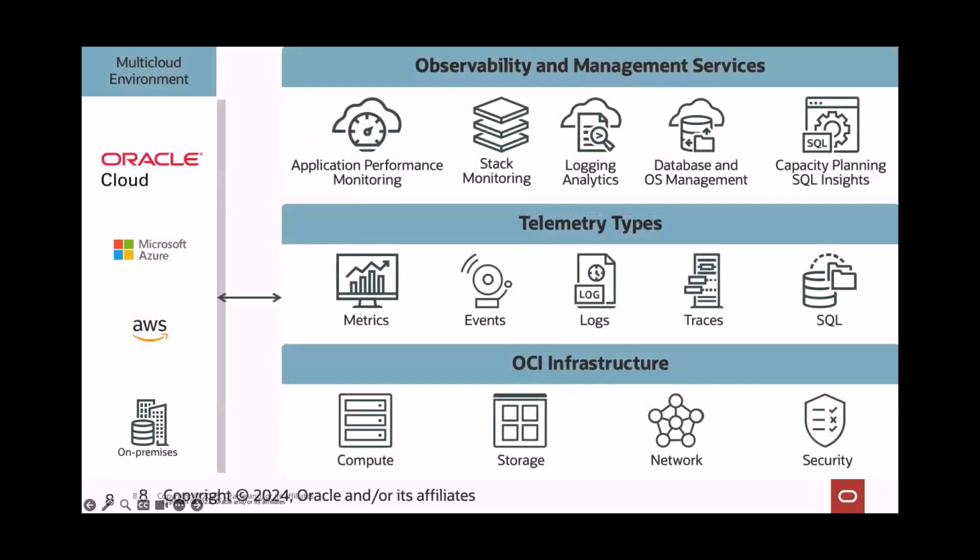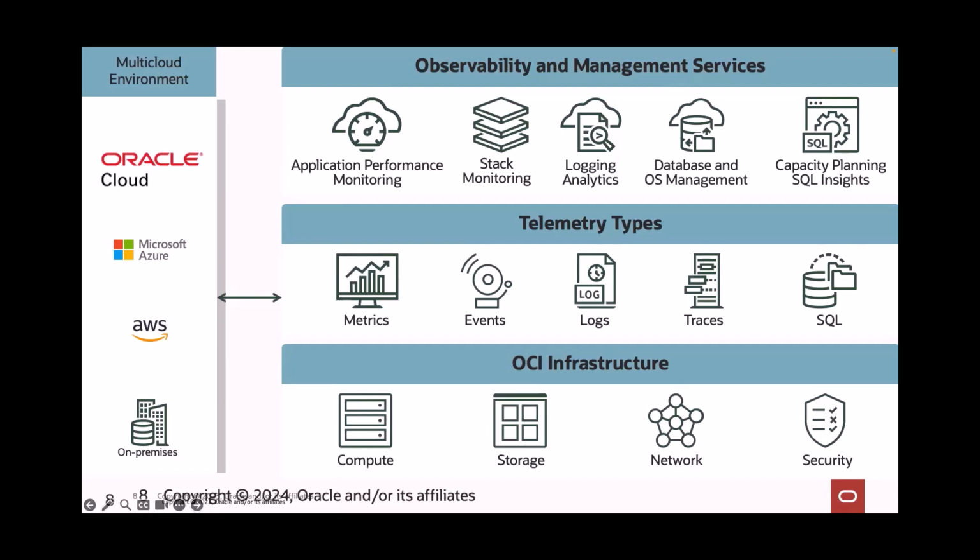So I want to first give you that overall landscape of Oracle's observability and management services. It's a cloud-native platform that brings together all the telemetry, traces, metrics, and logs for monitoring and analysis. The solution consists of integrated services that can monitor your resources across hybrid and multi-cloud environments as well, because we know that it's great if you want to host everything in OCI, but if you've got some stuff running on-prem, we want to make sure that works for you as well.